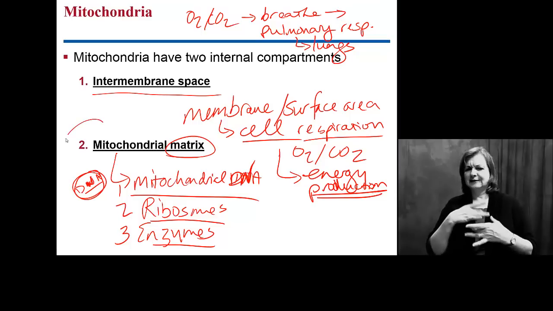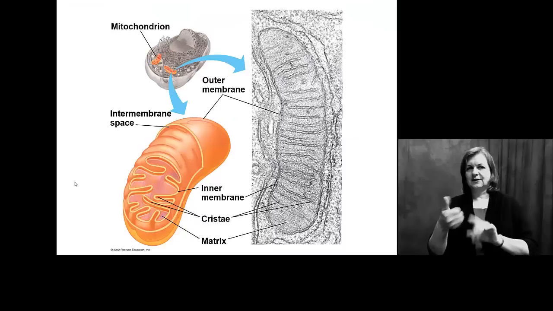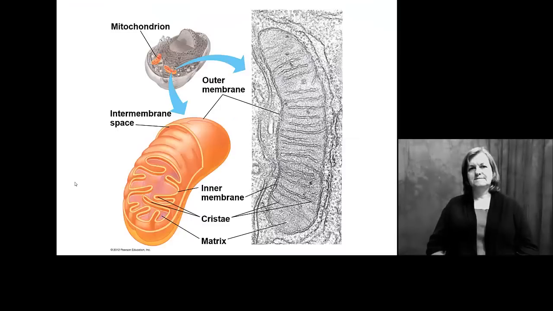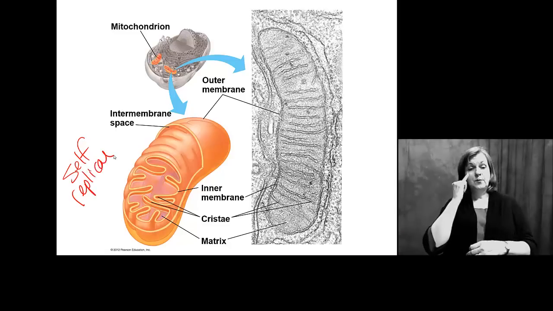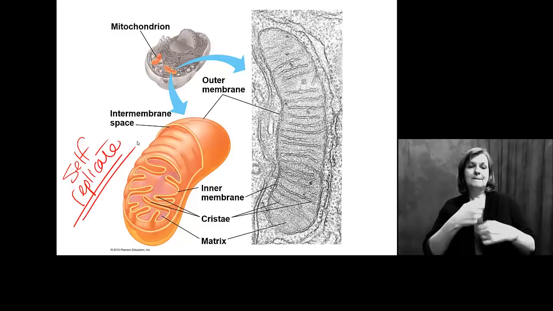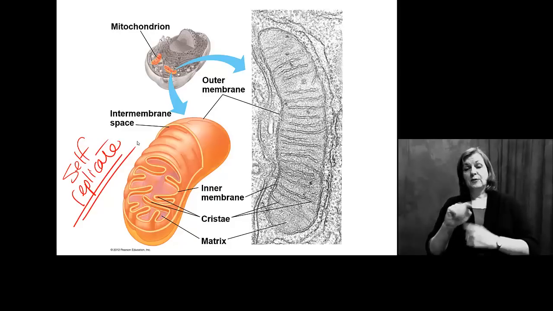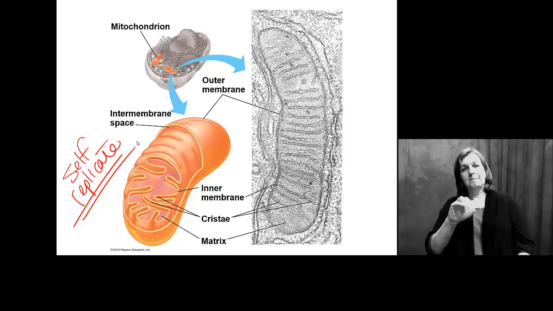The mitochondria also have a very interesting design in that they are able to replicate themselves, so they self-replicate. This is extremely important because if you have a cell that is doing large amounts of energy production, these will wear out and they will need to be replaced.